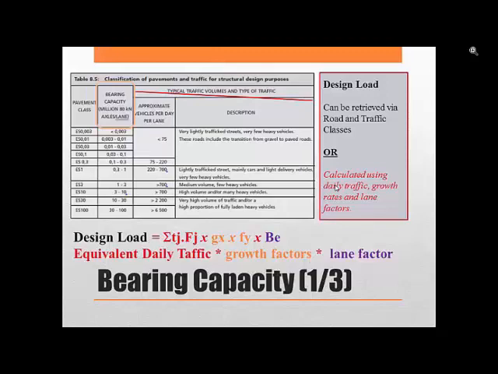Now, the detailed computation is illuminated somewhat here. There are two factors which are considered for growth rate, and the average daily traffic can be given or can be calculated from an axle counter. The lane factor is typically given as 1 for educational purposes.